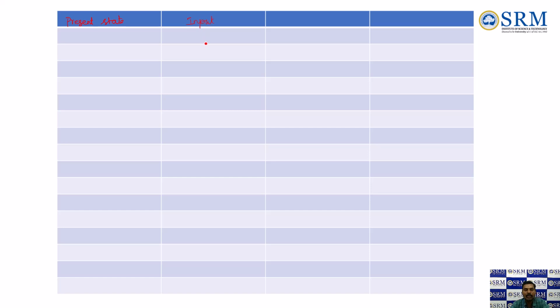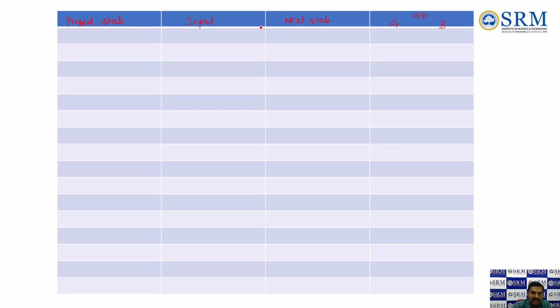What is the input for our case? It is a 5 rupee coin as well as a 10 rupee coin. And what is the output here? In our case, it is a 5 rupee chocolate as well as a 10 rupee chocolate.